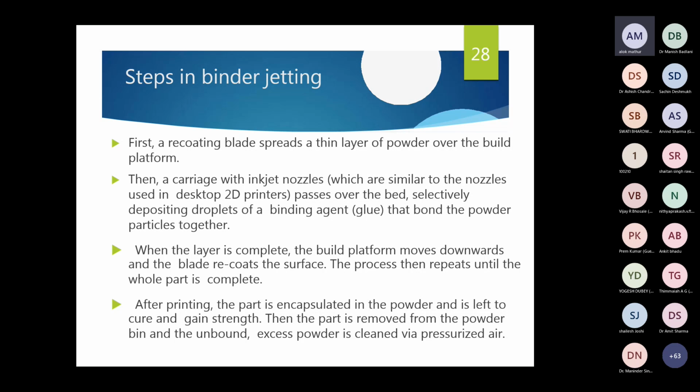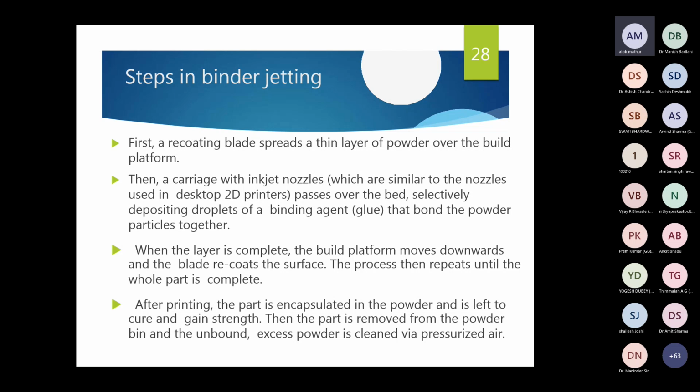When the layer is complete, after depositing the layer, the build platform moves downward and the blade recoats the surface. Generally, in all similar methods, the platform comes down so that we can increase the thickness. The process then repeats until the whole part is complete.